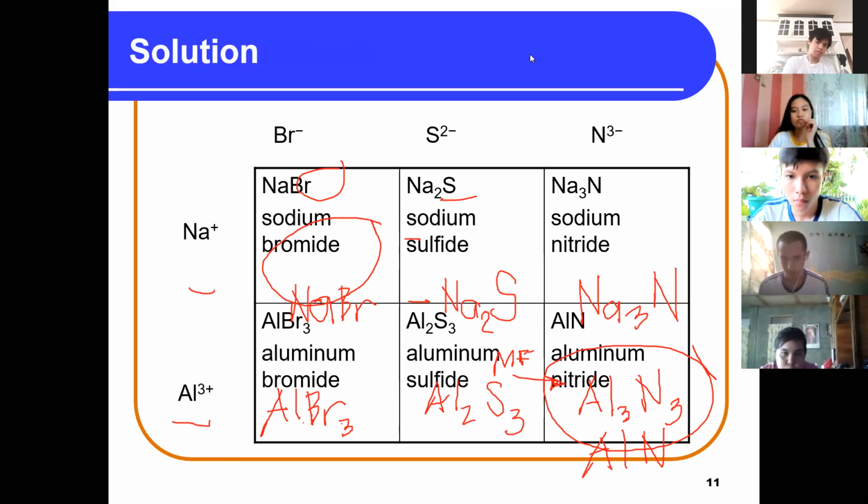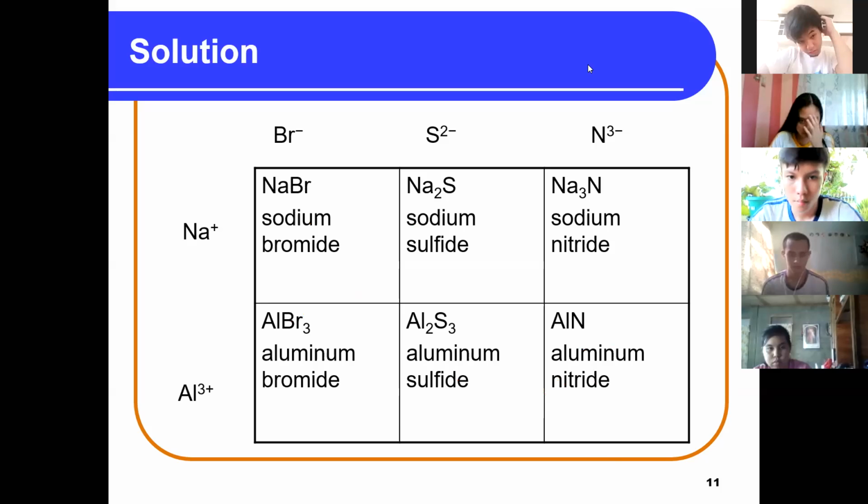So the correct answers are NaBr, sodium bromide; Na2S, sodium sulfide; Na3N, sodium nitride; AlBr3, aluminum bromide; Al2S3, aluminum sulfide; and aluminum nitride, AlN. This formula is what we call the empirical formula.